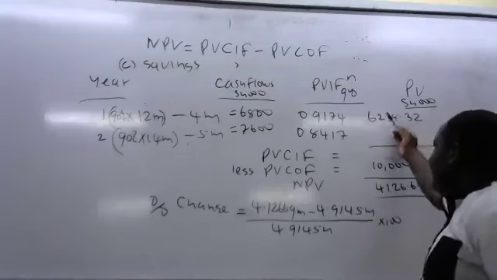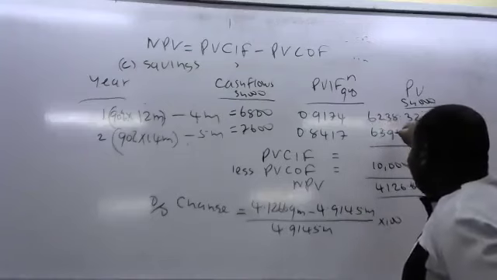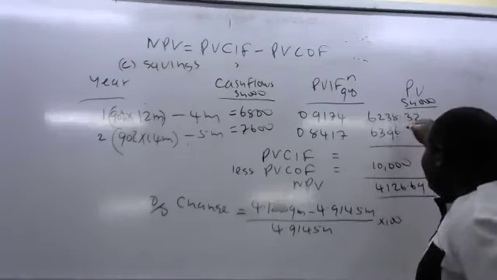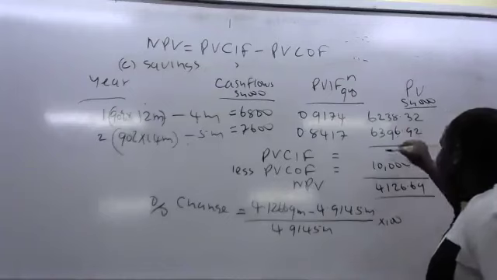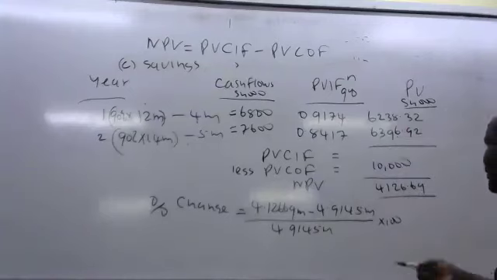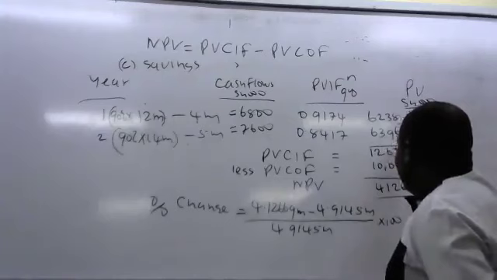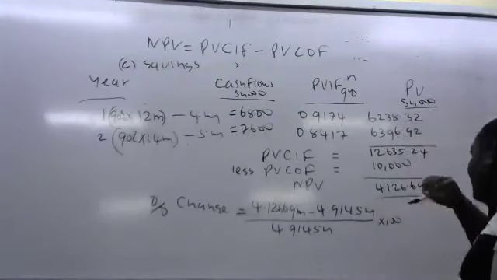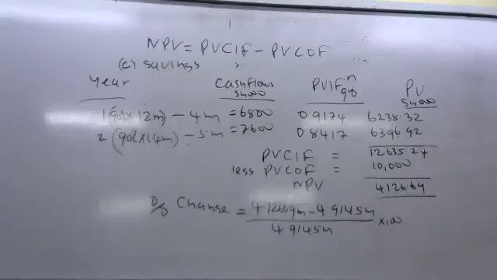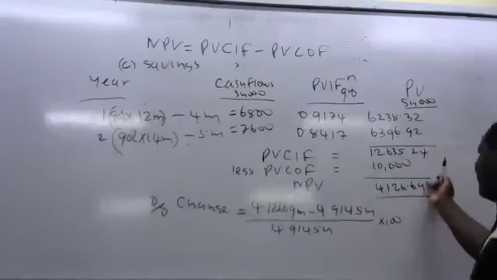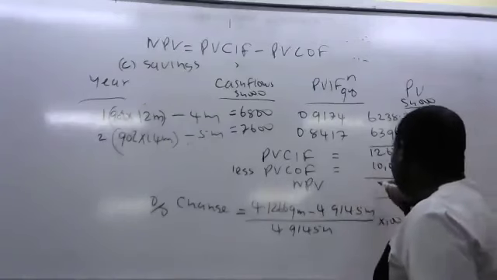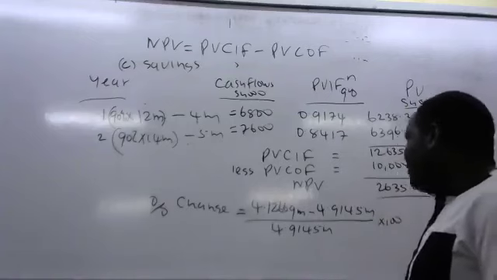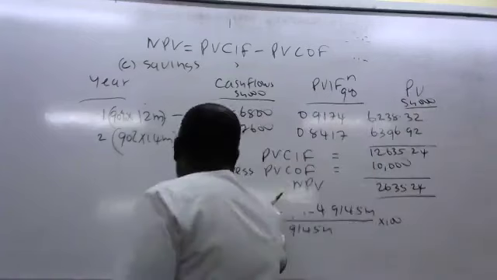Na hii ya pili 63.93. Ndio inakuja ngapi yote? 12,630 point. Which means our NPV should be what? 2635.24. So pia utakuja hapa umake adjustments.